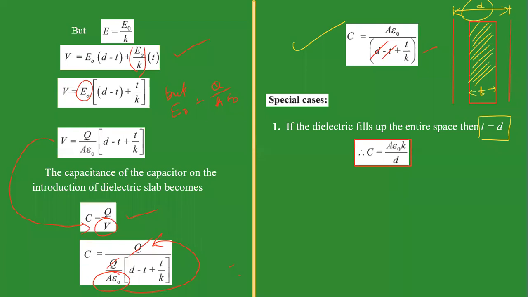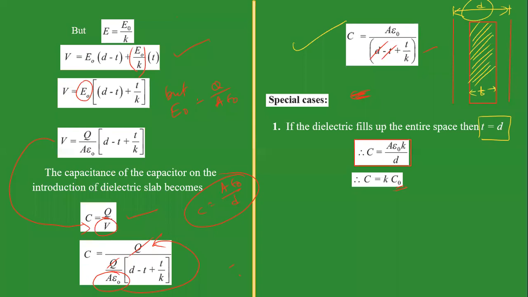Now, in the previous article, without the dielectric slab, we get capacity C is equal to A epsilon 0 by D, and with dielectric, A epsilon 0 K by D. So simply we can write, capacity with dielectric is equal to K times capacity without dielectric.